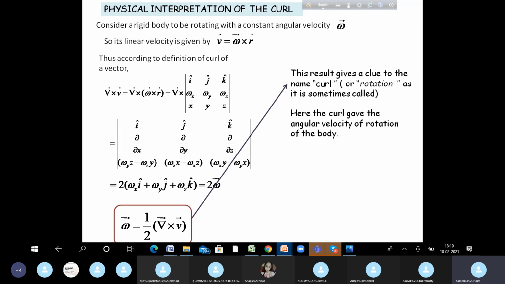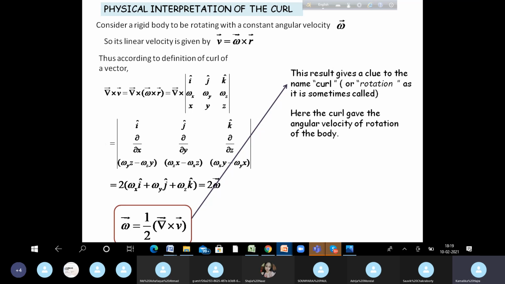So if you know the linear velocity, then you can take the curl of the linear velocity and you will get the angular velocity. Obviously, if the linear velocity is a constant, then taking its curl doesn't make sense because curl is a differential operator. So if a body is moving with a constant linear velocity, then it will not have any angular velocity.